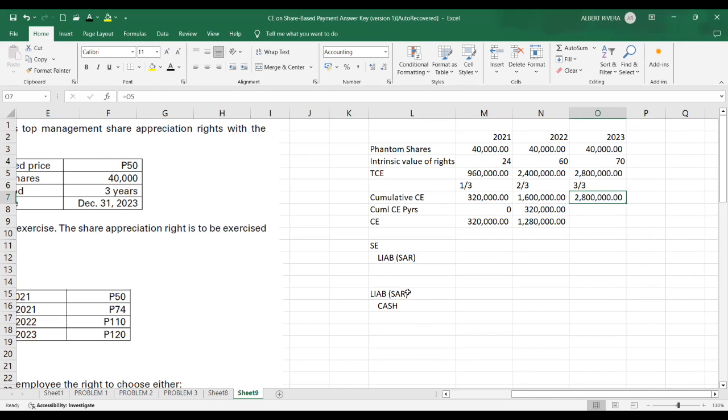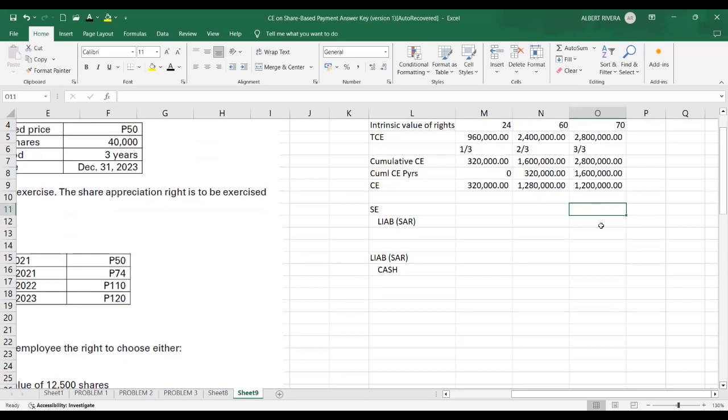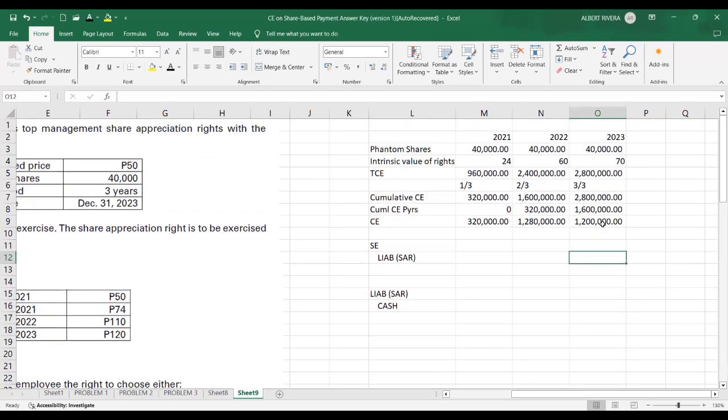So minus the cumulative compensation expense for the previous years. So this is 1.6 million pesos. So this is now the compensation expense for 2023. This is 1.2 million pesos.